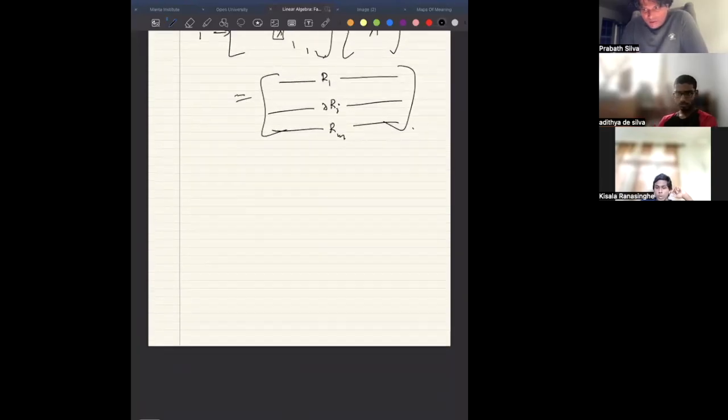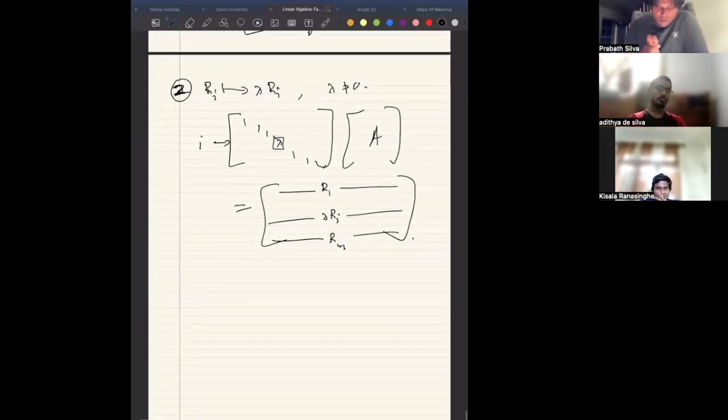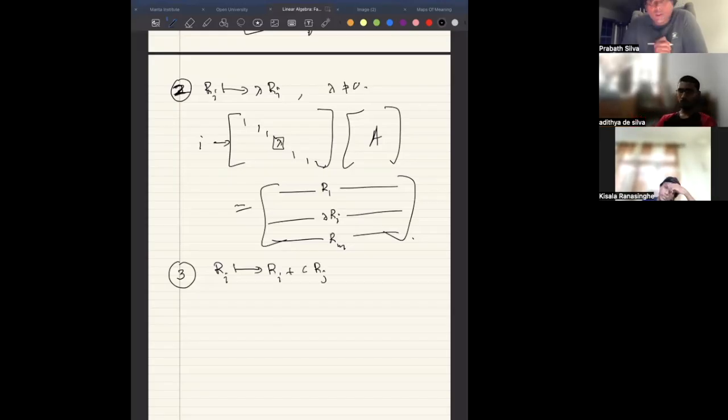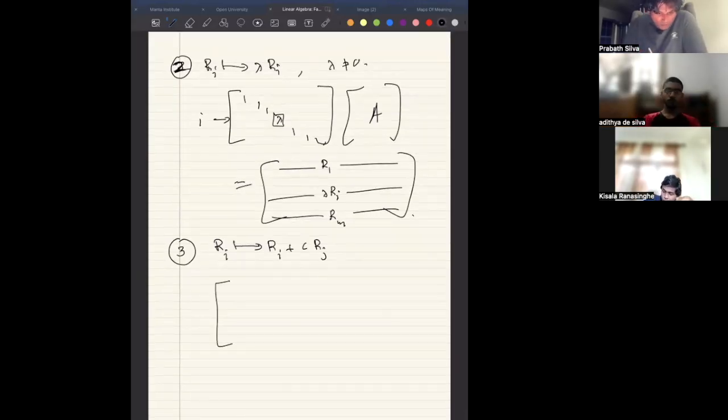Now, the third one is Ri gets replaced by Ri plus C times Rj. This can be done by multiplying by a matrix like this.